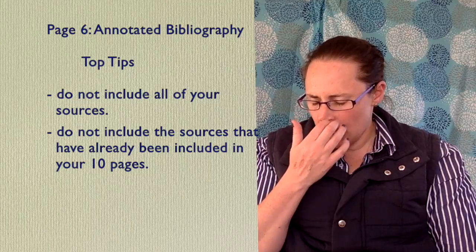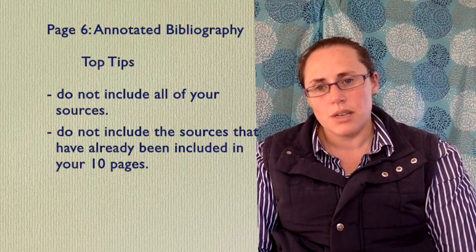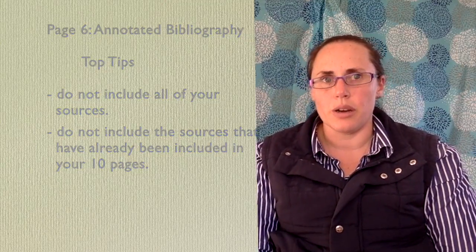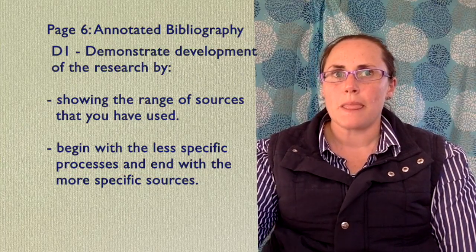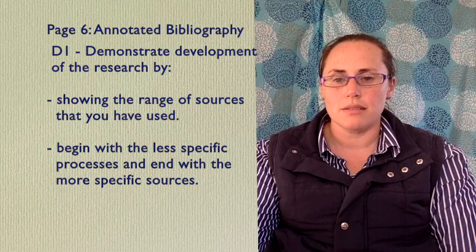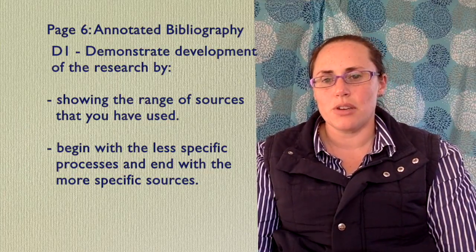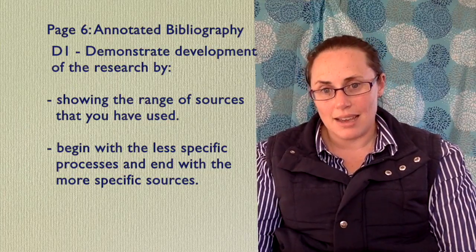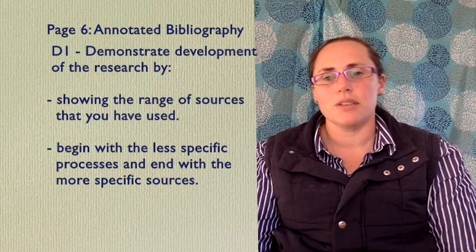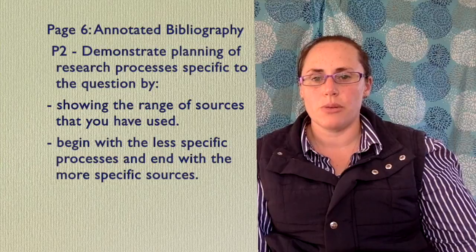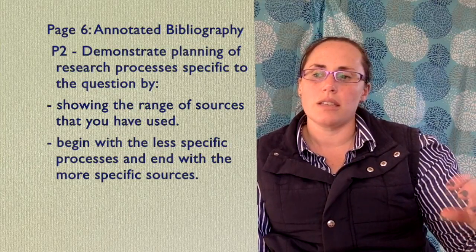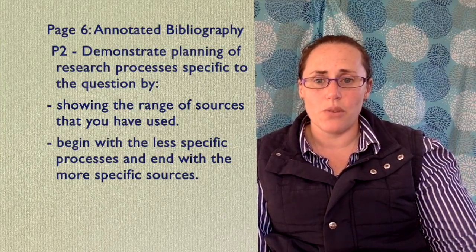So, if you have numbered all of your sources from 1 through to 121, I would suggest that you show in your annotated bibliography the number 1, and then the next time you use a different type of source, that number, and then the next time you use a different type of source, that number, and then end with the most specific one, because that actually shows the development over time of your research.